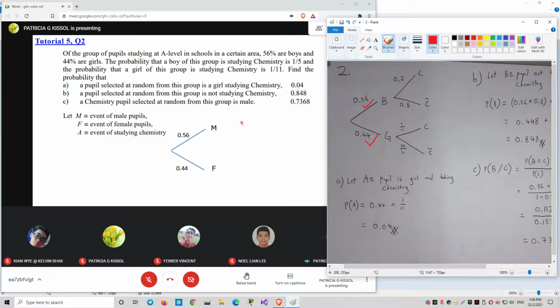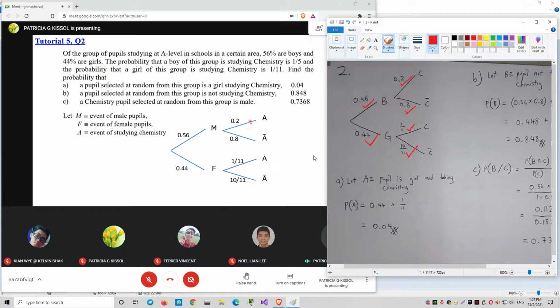Followed by, from the boys studying chemistry, 1/5. That would be 20%, right? 1/5 is 0.2. I've labeled A to indicate that the student is taking chemistry. When A is 0.2, then not A, meaning the boys did not study chemistry, is 0.8.